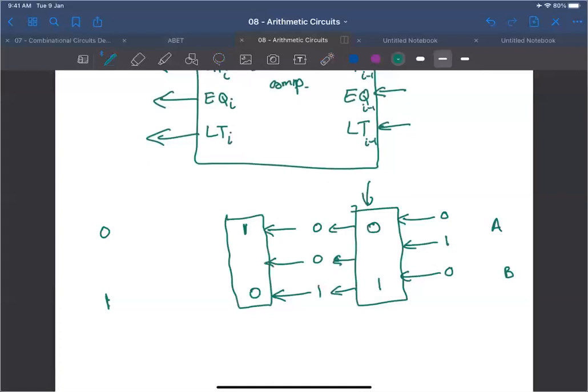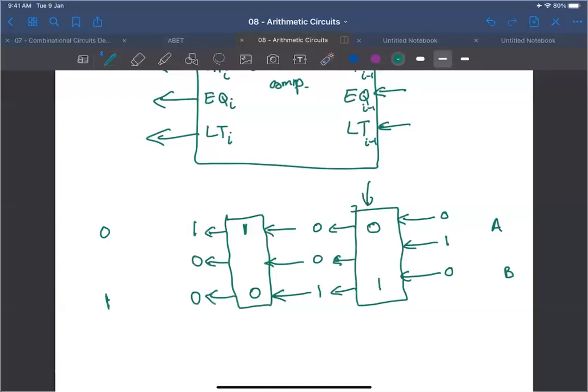Because this bit position is greater than any previous bit position. So since A is greater than B here, this is sufficient for us to produce an A greater than signal, that is 1, an equal that is 0, of course, and less than that is 0.